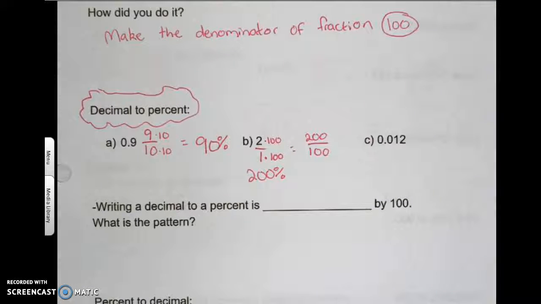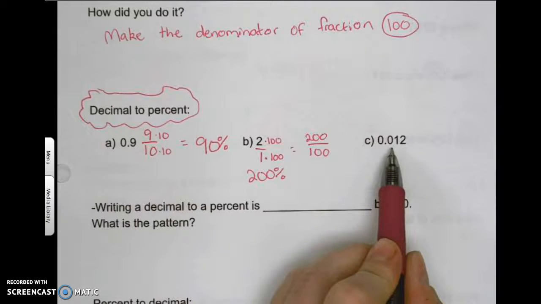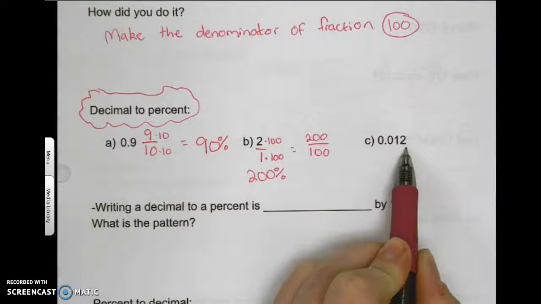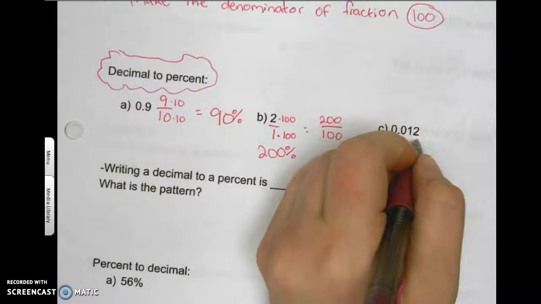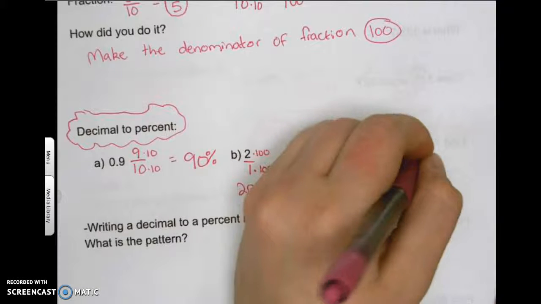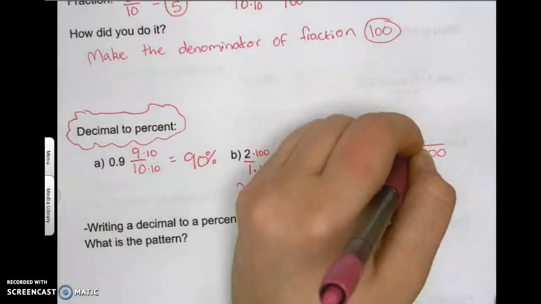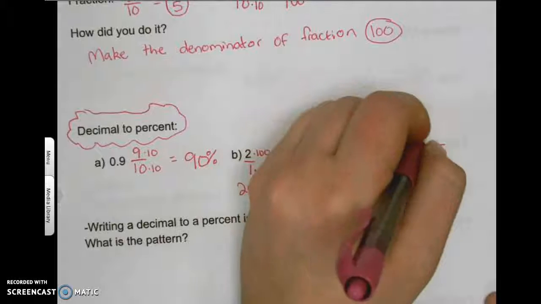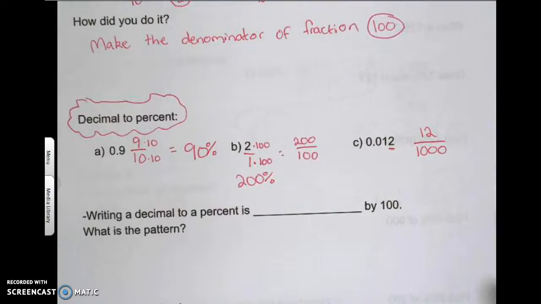Letter C, if I'm writing 0.012 as a fraction, we're going to look at place values again. So I've got tenths, hundredths, then thousandths. Because that last digit is in the thousandths place, that's my denominator. My numerator is whatever the numbers are. So I've got 1 and 2, which gives me 12 thousandths.